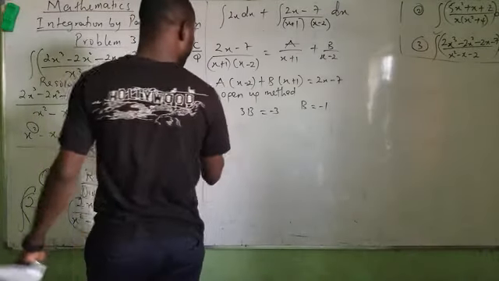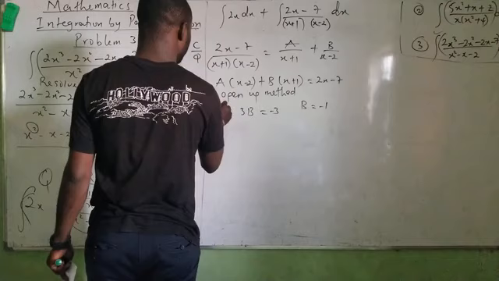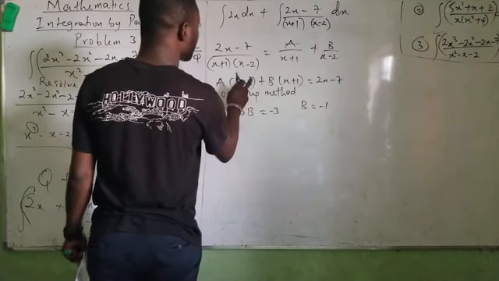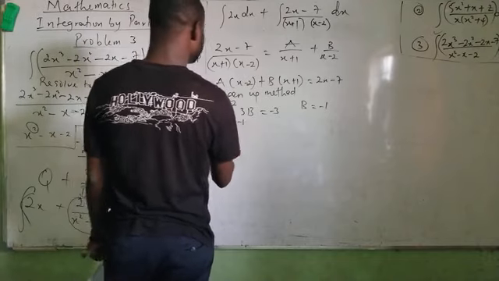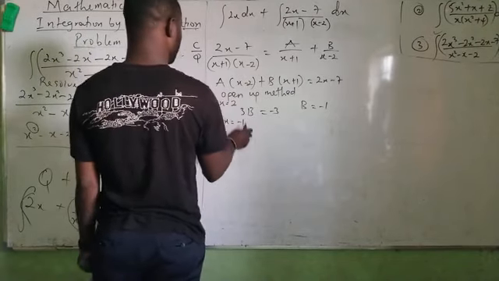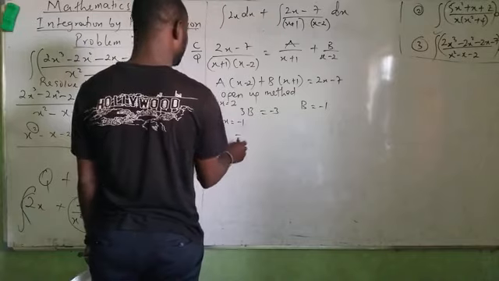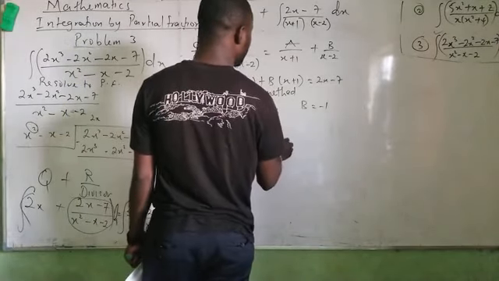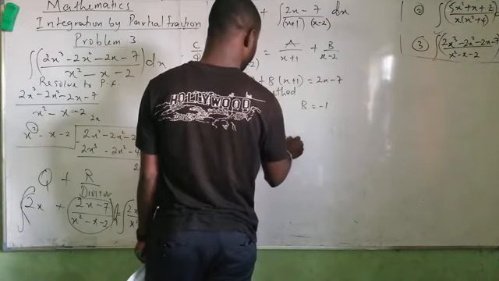Now, let x equal minus 1. It means I'll have minus 3A equals minus 2 minus 7, that is minus 9.